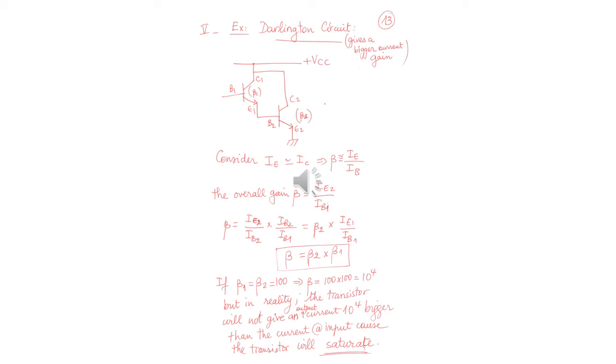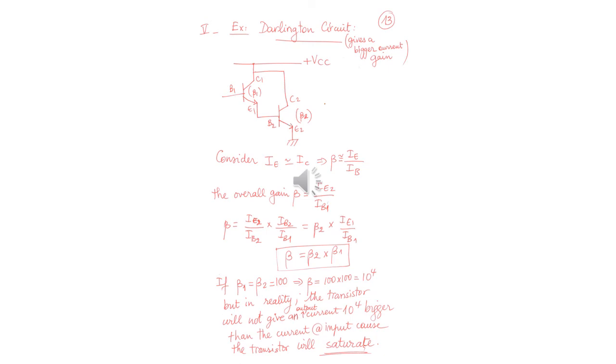Let us take an example. If beta 1 equals beta 2 equals 100, then beta equals 10 to the power 4. But in reality, the transistor will never give you this amplification. It will not give you an output current 10 to the power 4 bigger than the current at the input, because the transistor will saturate.